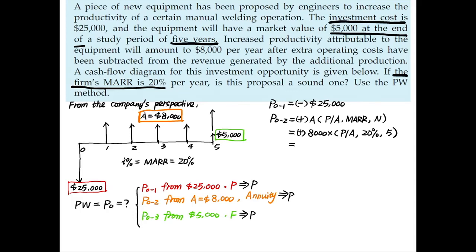It is positive 8,000 times 2.9906, which is positive 23,924.8.